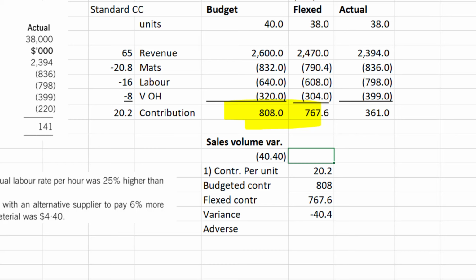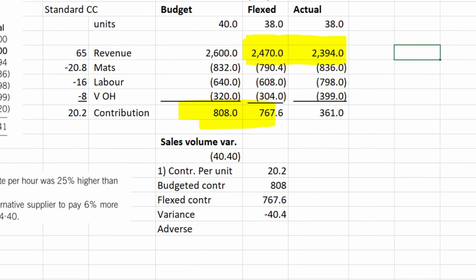Next thing we want to understand is the impact of selling at a lower price. So now we're comparing flexed revenue to actual revenue, guys, and that would be simply equal to 1. Let me get the highlighter out of the way. I can't do the Excel functions when the cell is highlighted. And look at that, negative 76.